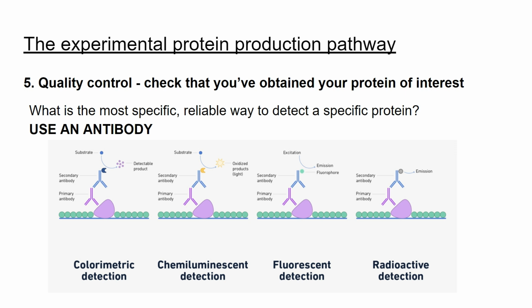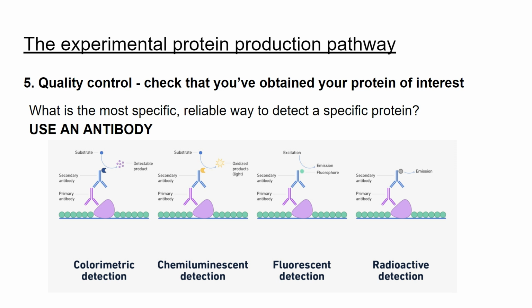Now, what you would expect is that there is a binding. And then what happens is that you use a secondary antibody against that first antibody, and then that secondary antibody has some kind of detection mechanism. Either it's bound to an enzyme, and then that converts a substrate into a detectable product, or, for example, the antibody is linked to a fluorophore or a radioactive molecule.